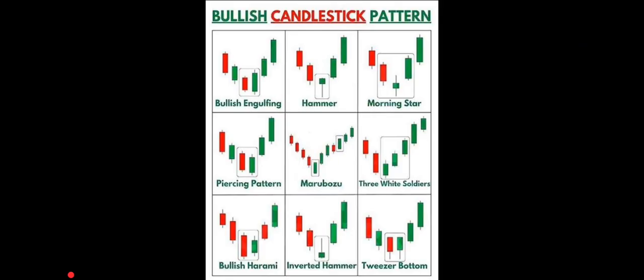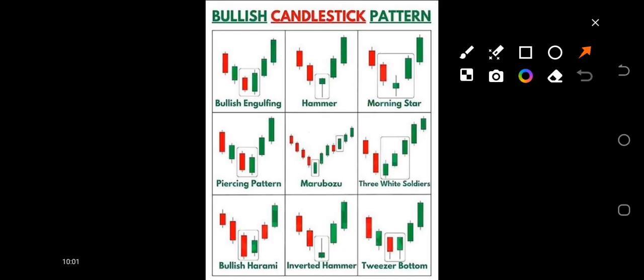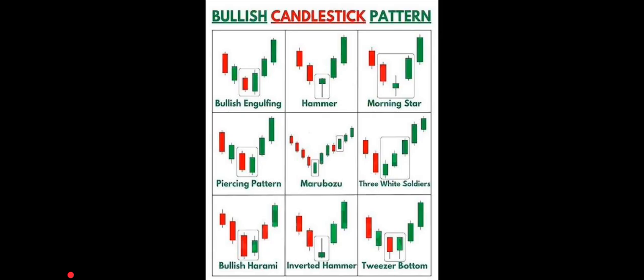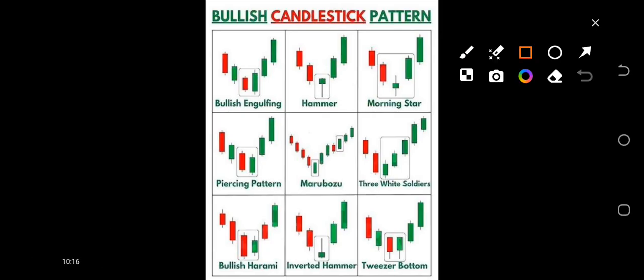All right, we have the bullish harami. The bullish harami is a little bit the same as the piercing pattern, but if you look very well, you will spot the difference. This is the piercing pattern, I already explained it. Then this is the bullish harami. These two candlesticks here are the harami itself.